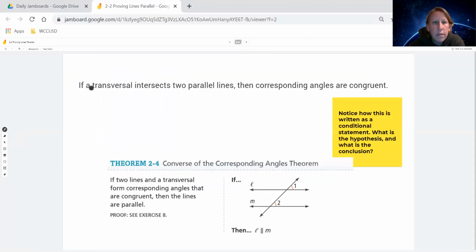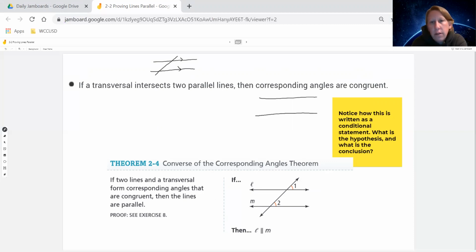Here's how this works. So in the previous lesson, we had this idea that if you have parallel lines, let me put that little extra arrow on it, then the angles that are in the same position are the same.